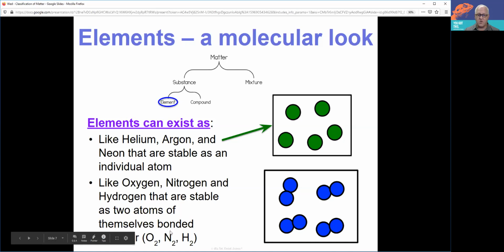Nitrogen can form a molecule, a nitrogen molecule, N2. And the same thing with hydrogen, H2. So elements can exist individually, and elements can exist as molecules.